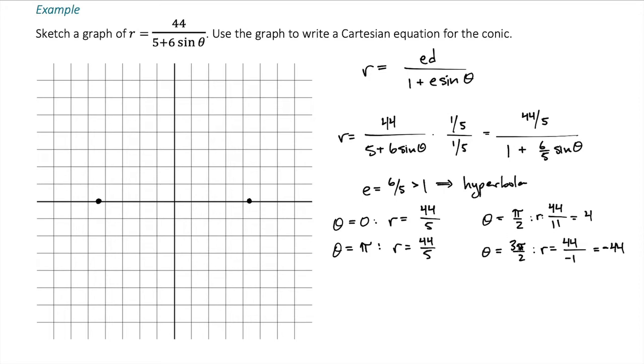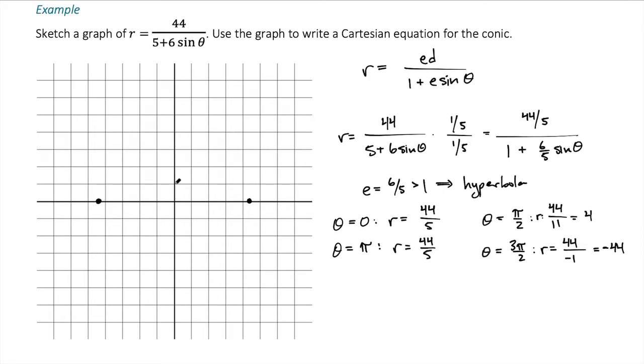Then we have these 2 points. When theta is pi over 2, we get 4, and at 3 pi over 2, we get negative 44. So we're going to have to get 44 away from the origin. Let's make each square 8.